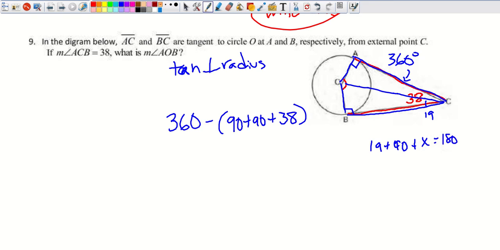So 360 minus, let's see, that's 180 plus 38. How about 218? And then we're going to subtract that away here and get 142.